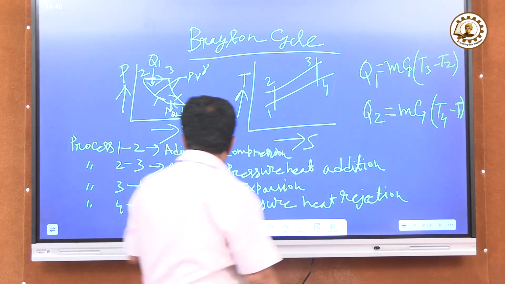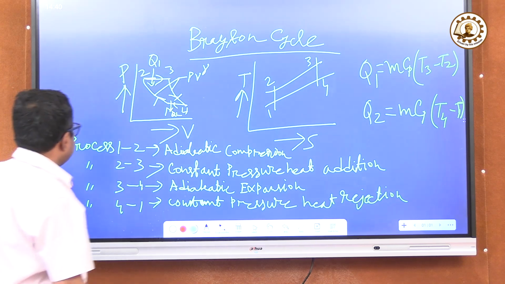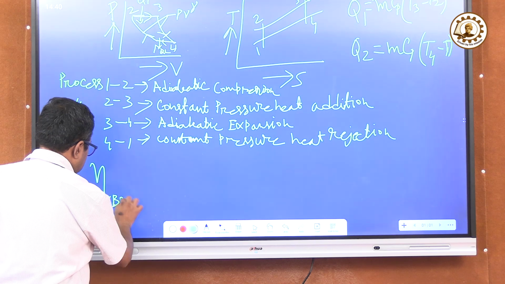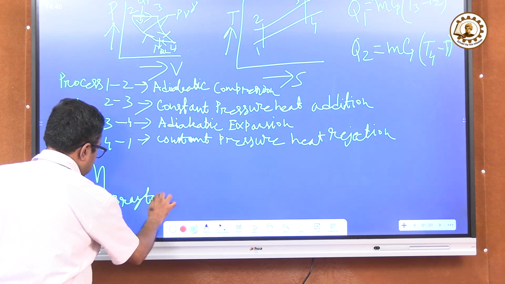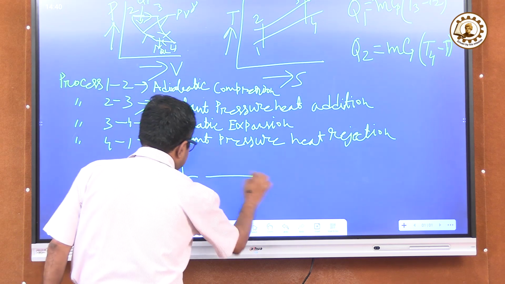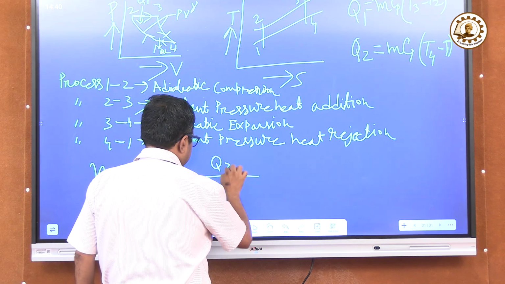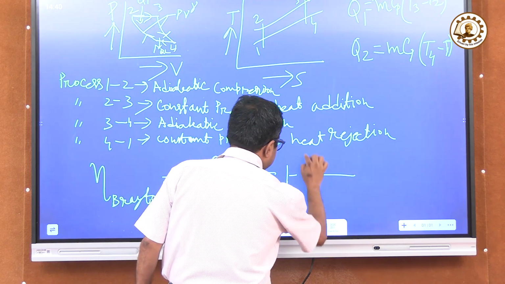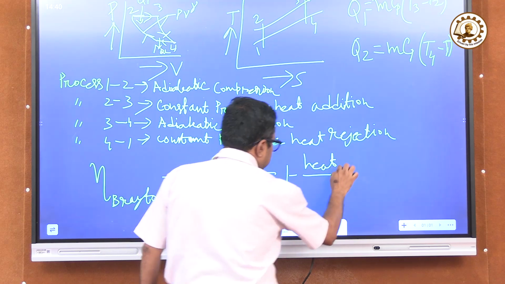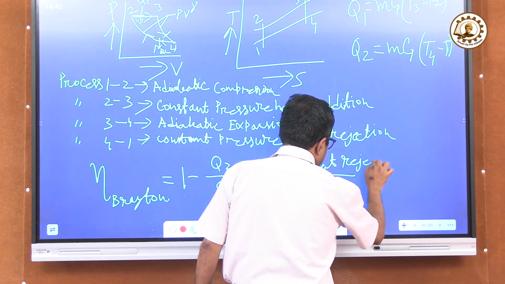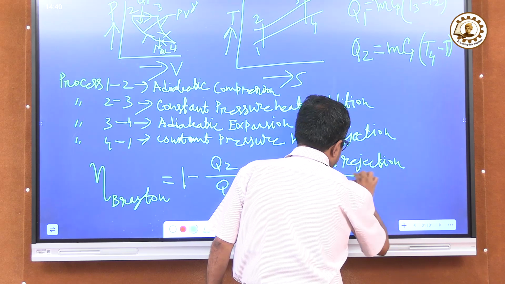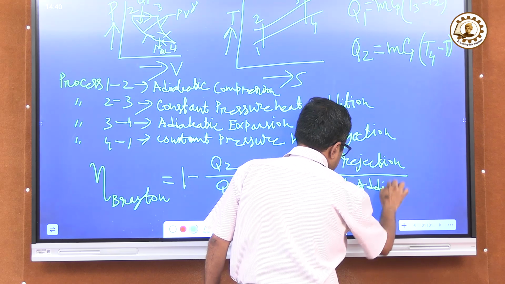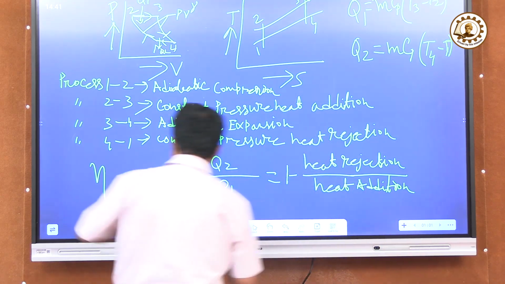Then what will be the efficiency of the Brayton cycle? It must be 1 minus Q2 by Q1, that means 1 minus heat rejection by heat addition.